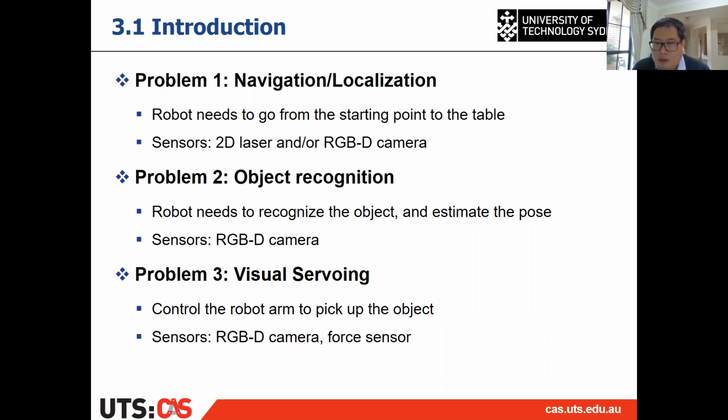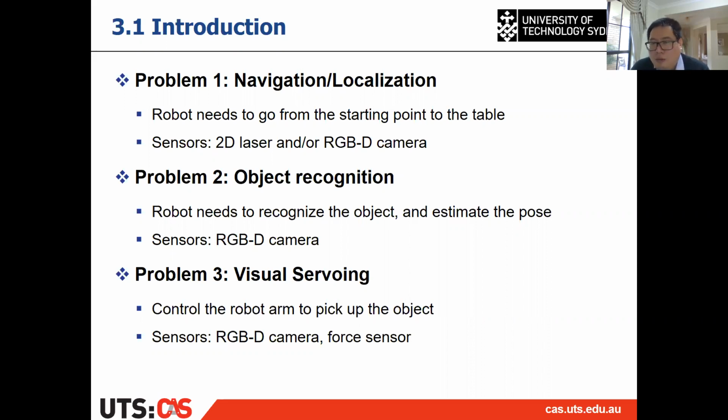So that is object recognition, and we always use RGBD sensors to do that because it's much easier. You can get a point cloud, and then you can easily segment the object from the point cloud because the table is flat, right? And then from the segmented point cloud of the object, you know its location, its size, and its pose, right?